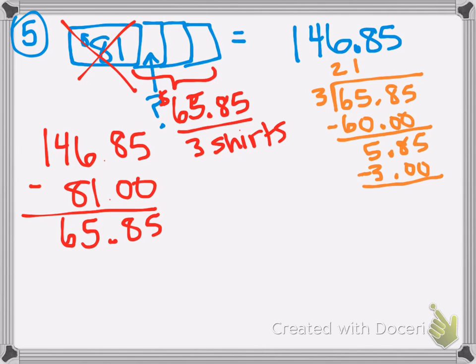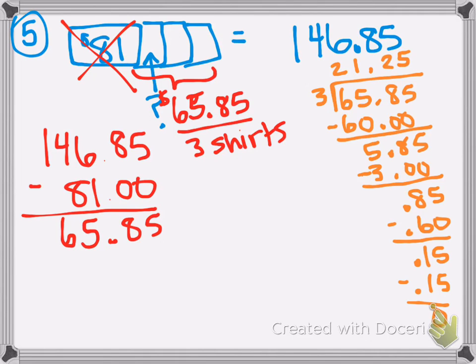We subtract and get 85 cents. 3 goes into 8 twice. That 2 represents 2/10. So 2/10 times 3 is actually 6/10. Then we subtract and we get 15 cents. 3 will go into 15 5 times. 5 cents times 3 equals 15.